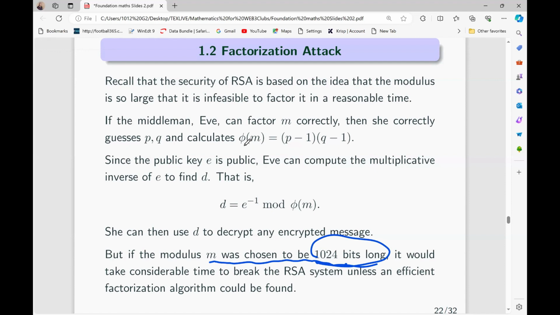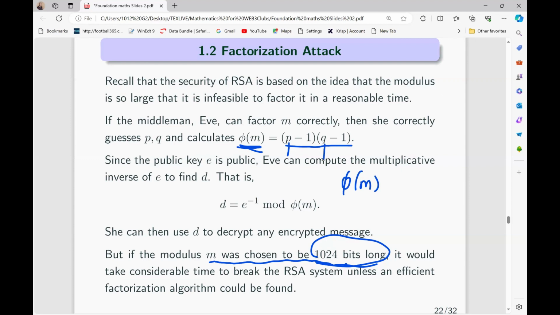Now, the other thing I've said is that this should be kept constant, should be kept secret, because once the person gets this, they can also use it to get these two. And now you realize why these two are kept secret. These two are kept secret because we don't want our intruder to know what phi of M is.